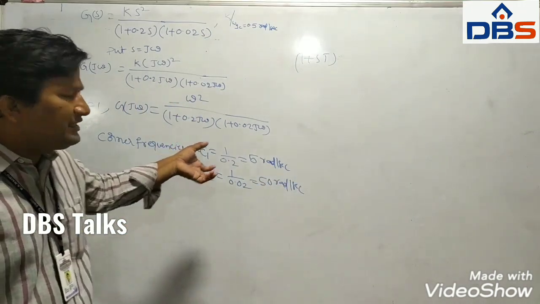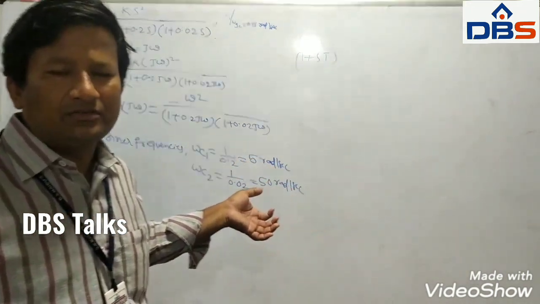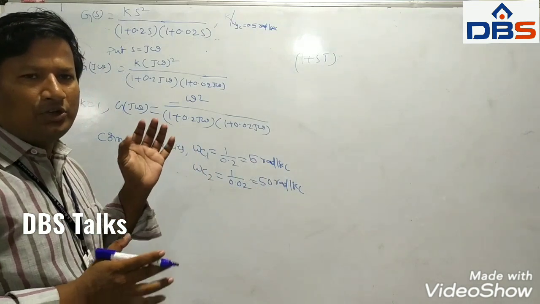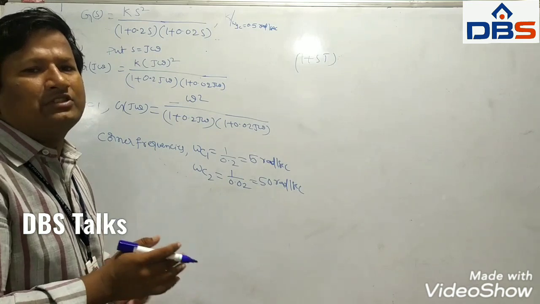After finding the two corner frequencies, we have to arrange a table to calculate the slope and the change in slope.